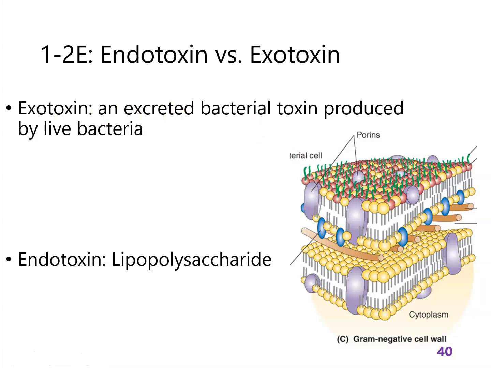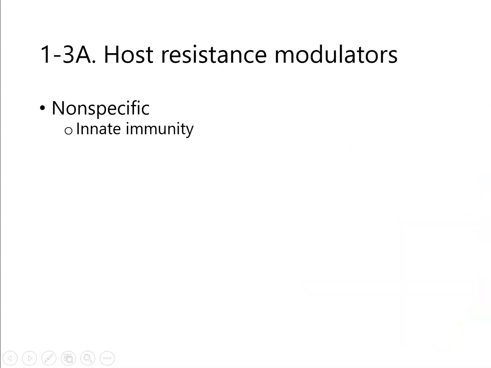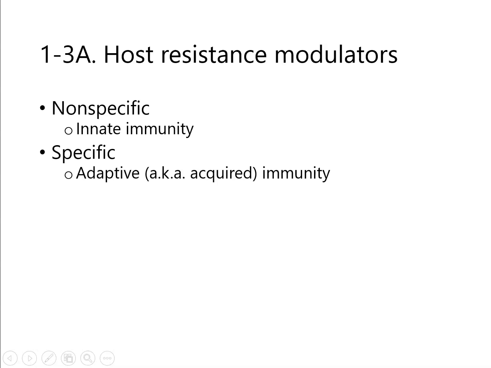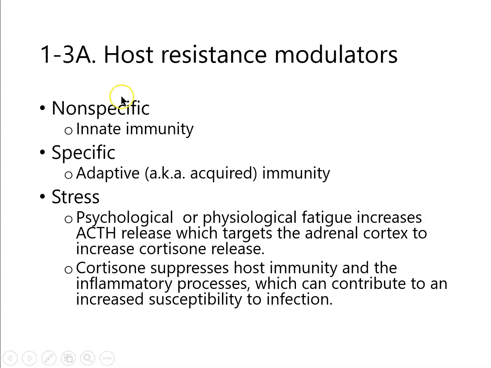So that's virulence, and then we can look at the host resistance factors. This is like all of innate immunity, all of adaptive immunity, but also the health condition of the host. So stress, for example, can lead to cortisone release, and cortisone can suppress parts of the inflammatory response.